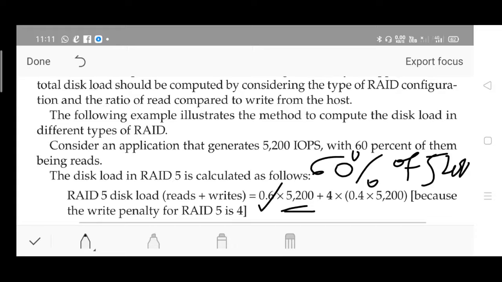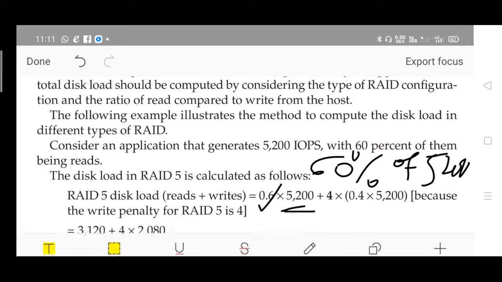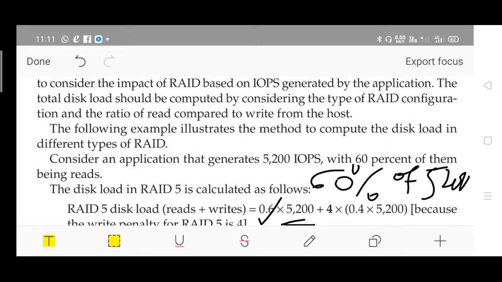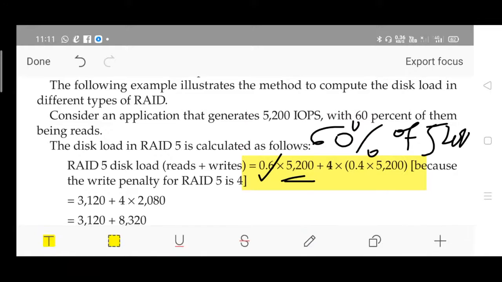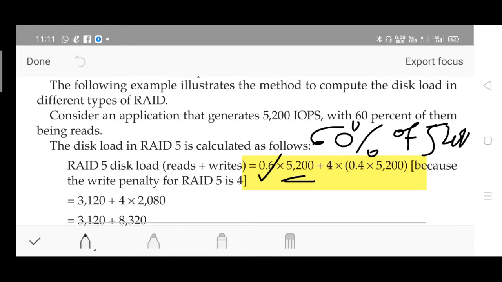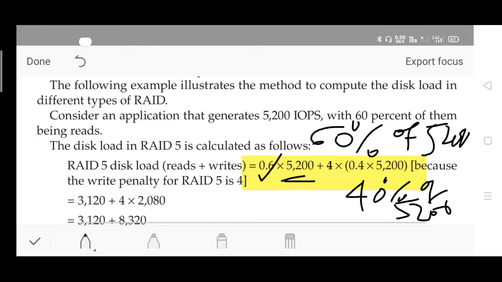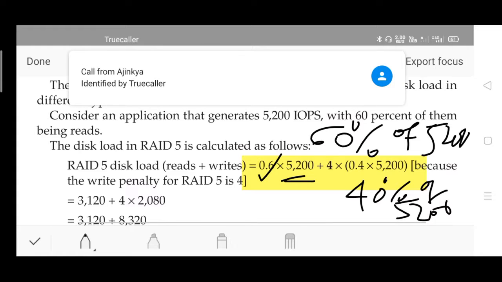In addition, and this is very important, with the write operation. Now read is considered, now you have to consider the write operation. So for write operation, 40%, that is 0.4 into 5200 is to be computed.